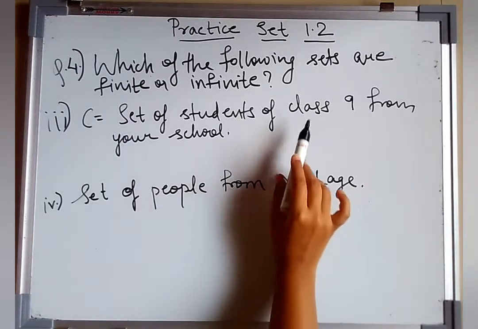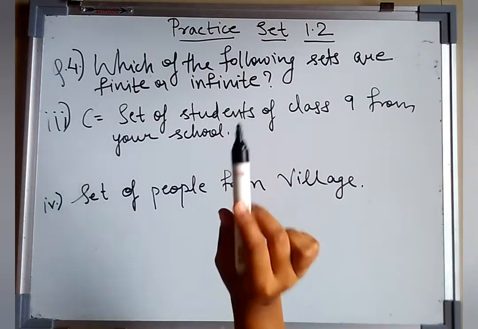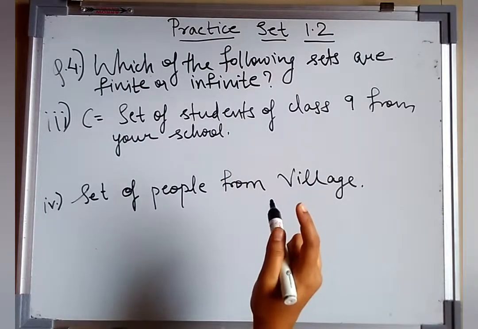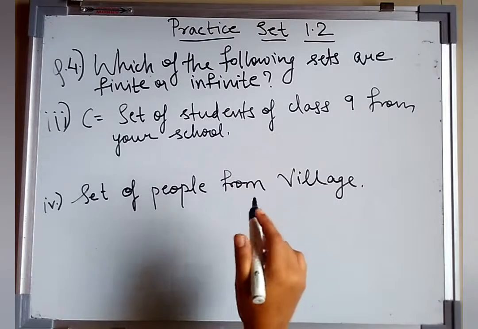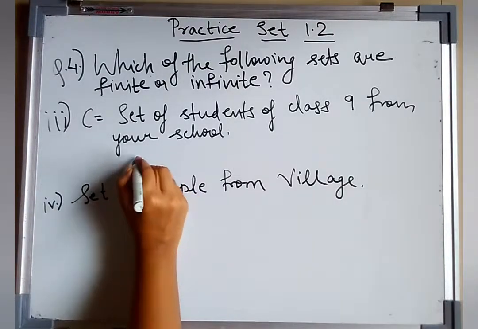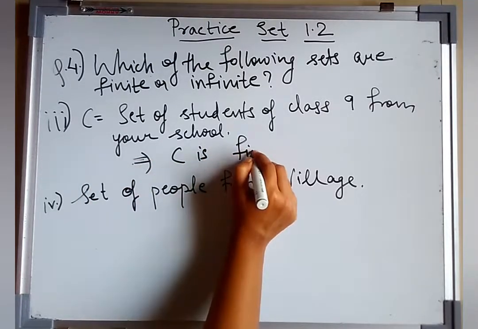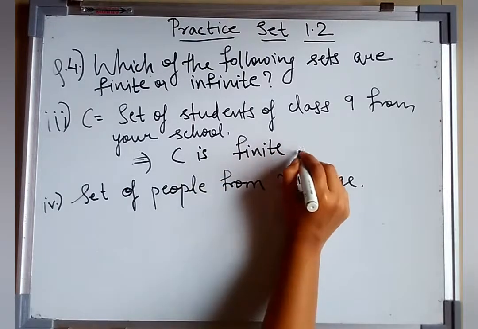But whatever it is, for a particular class there are only a limited number of students, and the class teacher will know the strength of the class. Therefore, C is a finite set.